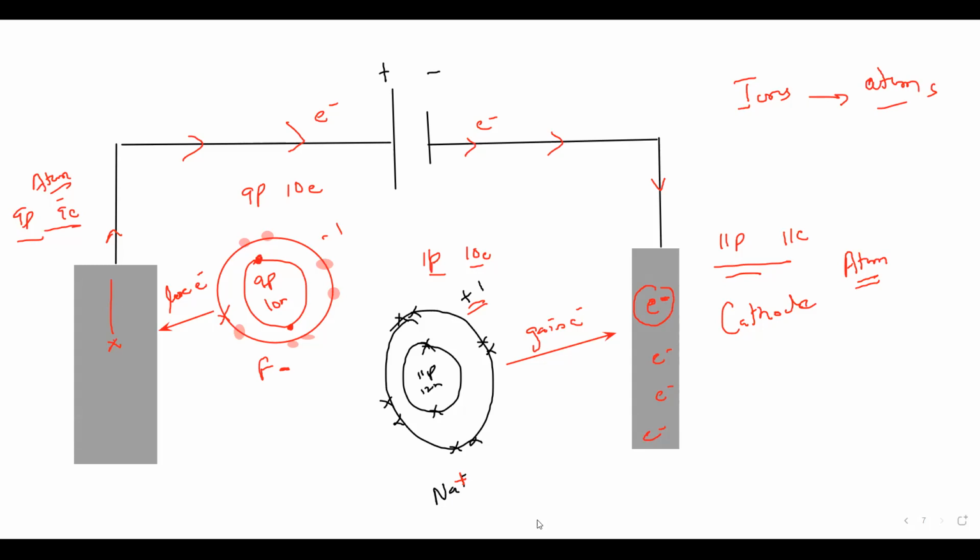So during electrolysis, when we pass the current through a solution, we observe the ions will change into atom. The positive ions, they will gain electron, whereas negative ions, they will lose electron. Is it clear to everyone what happened in electrolytic cell?